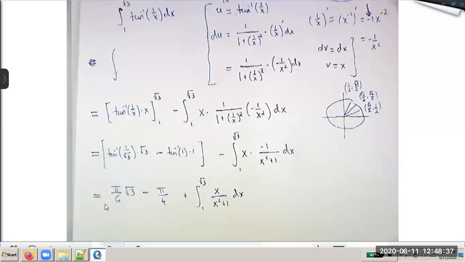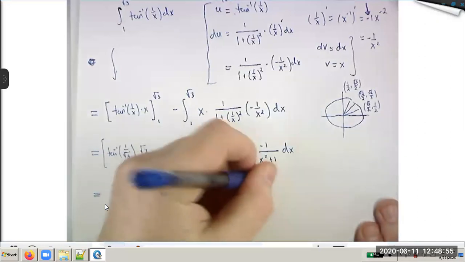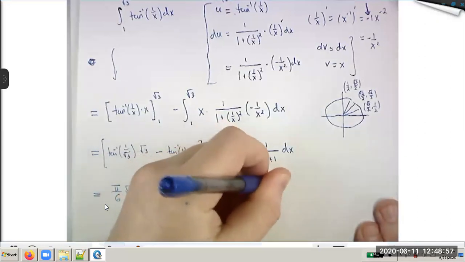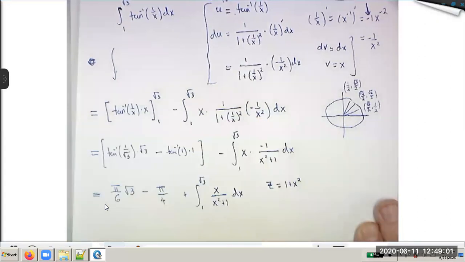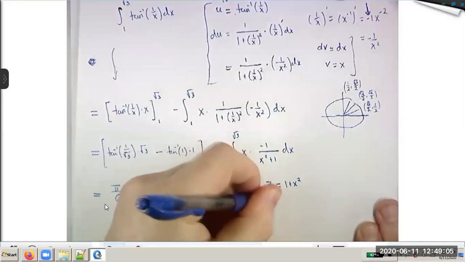Okay. So now we have x over x squared plus 1. How can we write that in a way where we could simplify it down some? We can do a U substitution. So we have z equals x squared plus 1, dz equals 2x dx.